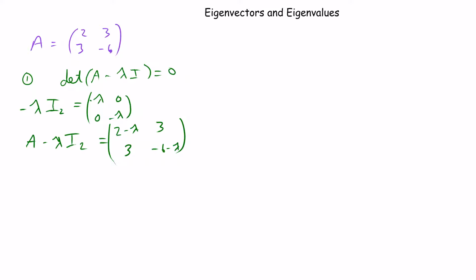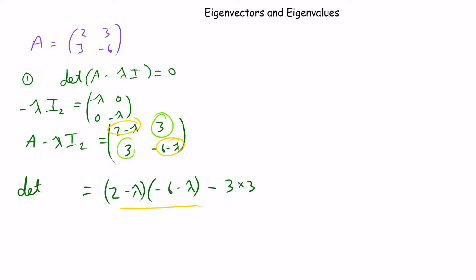Sorry, those shouldn't be noughts, they should be 3's. Now we want to find the determinant of this matrix, and that is going to be equal to 2 minus lambda lots of -6 minus lambda, minus 3 lots of 3. So all I've done there is multiply that one with that one, and then multiply the two 3's together.